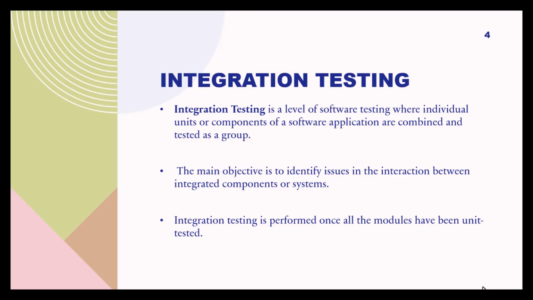Basically, we do integration testing after completion of unit testing. In unit testing, we are just verifying that the programs whatever is written is correct or not. Unit testing is done by the development team.